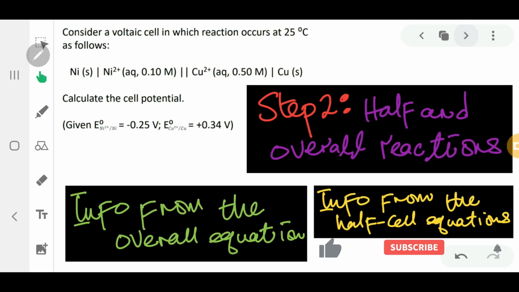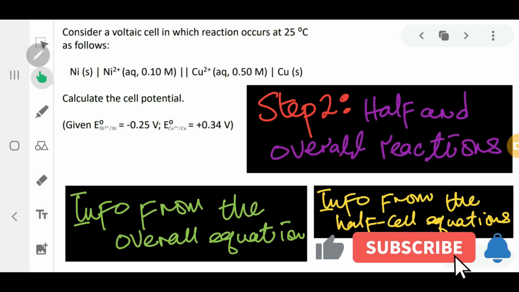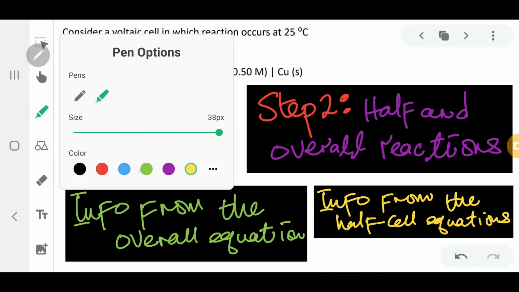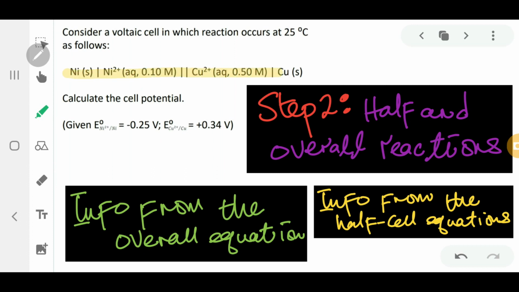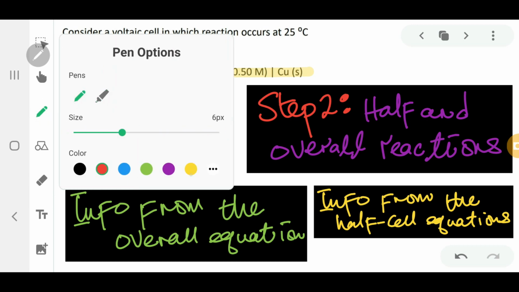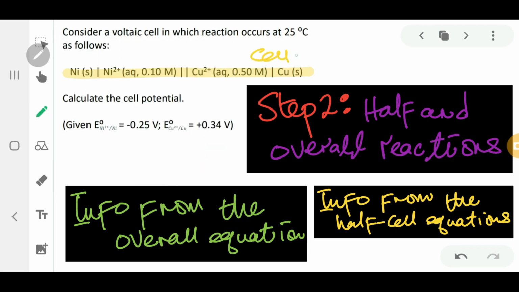In step number 2, from the given, you are given the cell notation. Remember that is the cell notation. From the cell notation given to you, you should be able to write down the half cell reactions and the overall reaction for the galvanic cell given here.